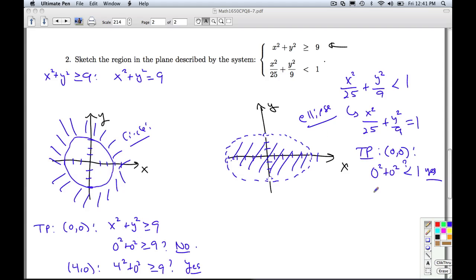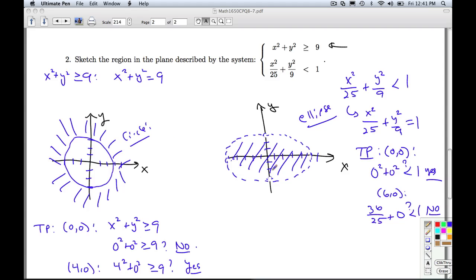I could pick 6, 0. If I plug 6 in for x, I'm going to get 36 over 25 plus 0. Is that less than 1? And the answer is no. So that means I'm not going to be shading the outside. So geometrically, what do I want? I want the points that are outside the circle but inside the ellipse.